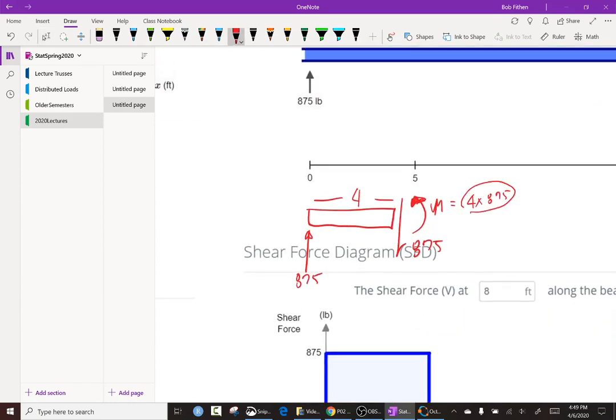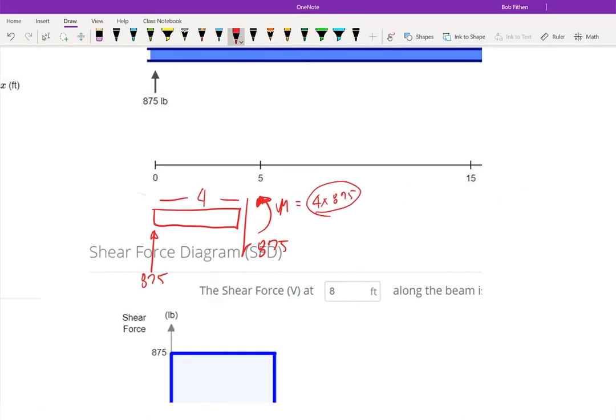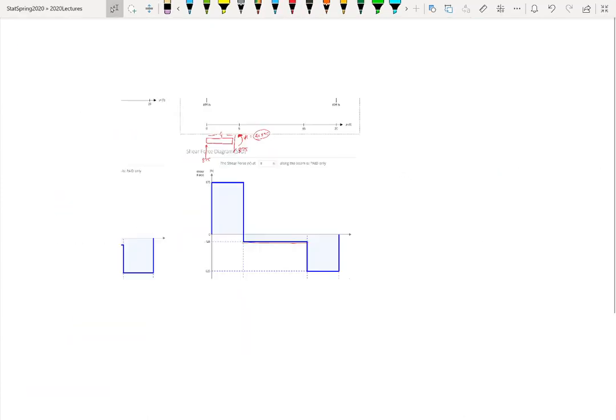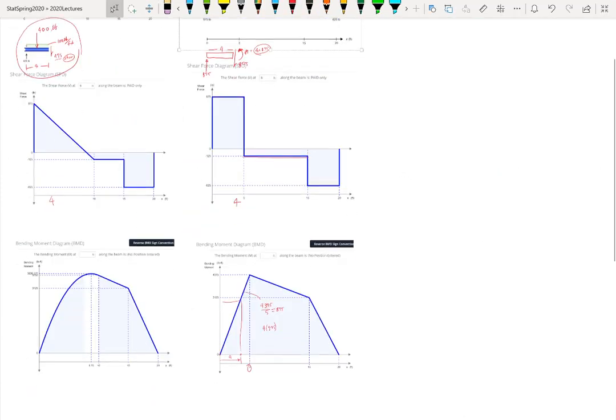That's exactly what you got here. So in fact, this is something you will find out, that this flat or constant gives you a linear, linear gives you a quadratic, and this is something you're going to learn in mechanics of materials.